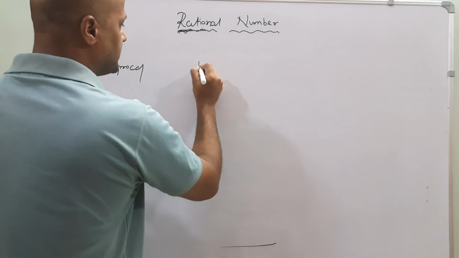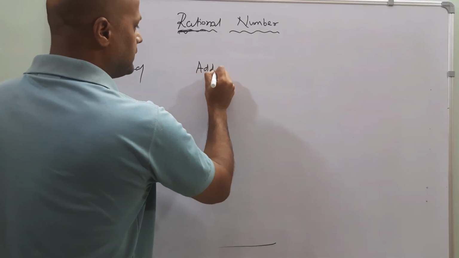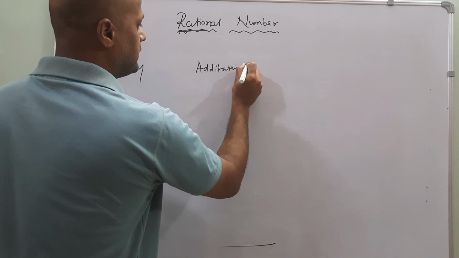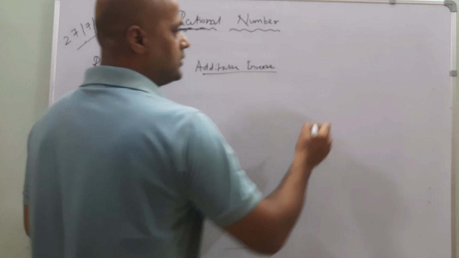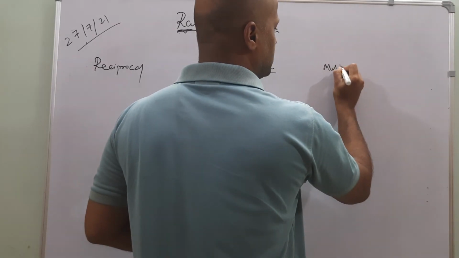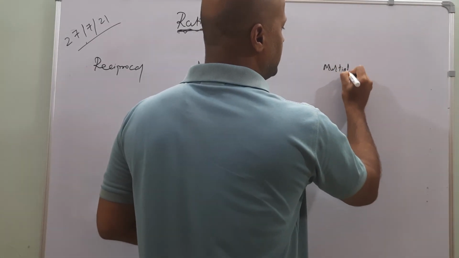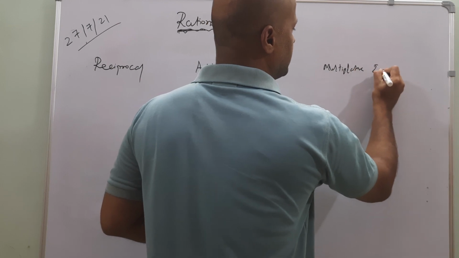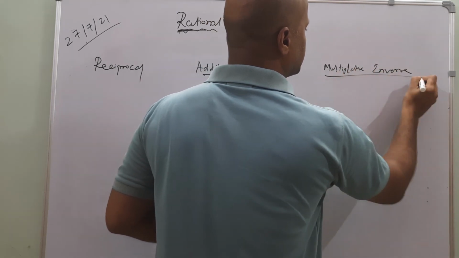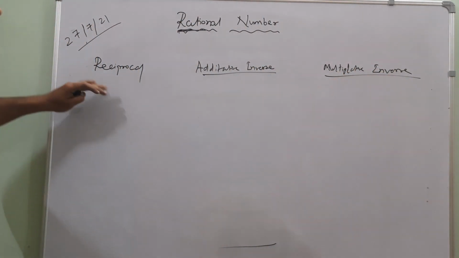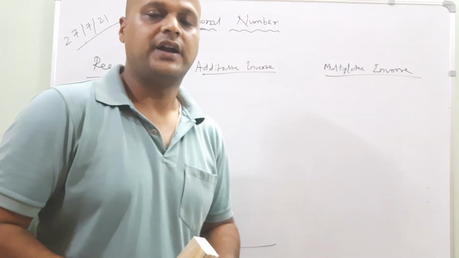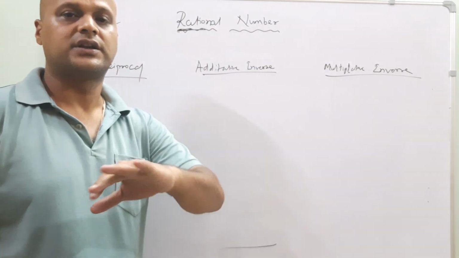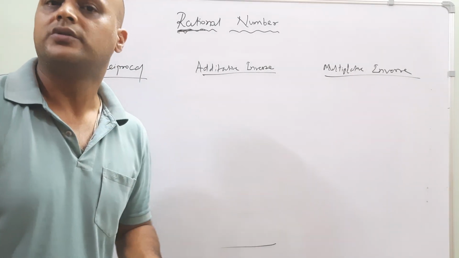The second one is additive inverse. The third one is multiplicative inverse. These three are very important points. You have to remember and understand them so that you can easily solve your problems.